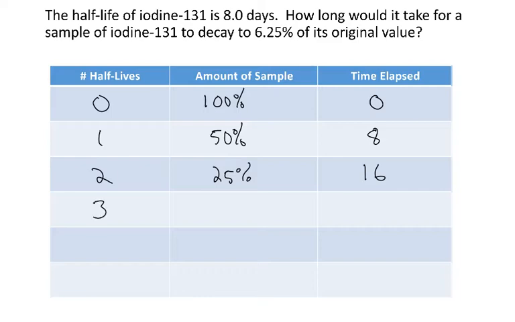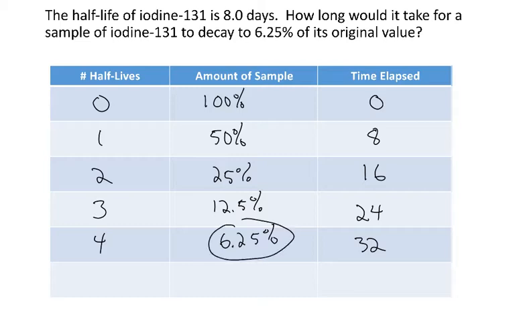After 3 half-lives, I'm down to 12.5%. 16 plus 8 is 24. After 4 half-lives, I'm down to 6.25%. Another 8 is going to be 32. So I've gotten to the percentage that they asked about. So this is my time. Be sure to put units on it. And so my final answer is 32 days. All right, and I have one more example on the next slide.